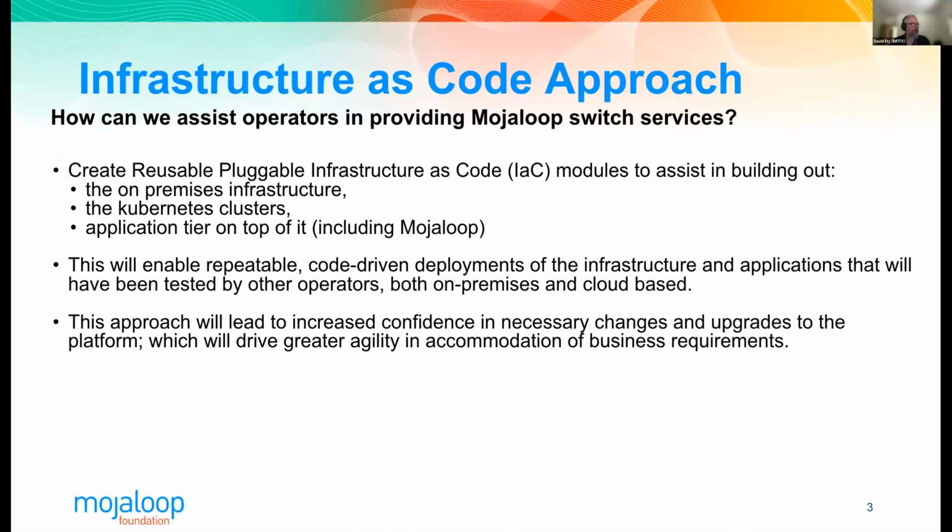So as James mentioned, there have been IAC modules in the Mojaloop GitHub org for quite some time. Those are AWS specific, and some work was done a couple of convenings ago to make that cloud agnostic.